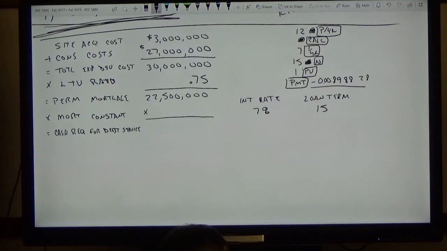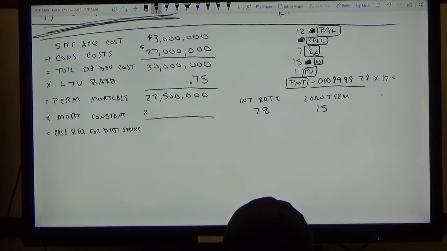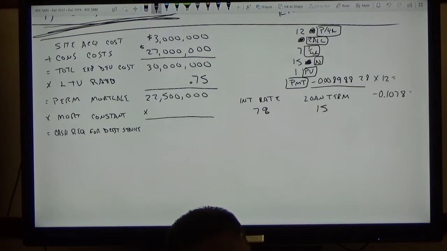So in other words, we're simply going to take that and multiply it by 12. Okay? And so what you end up with when you do that is 0.107859, etc. So that now is going to be the number we use as our mortgage constant.